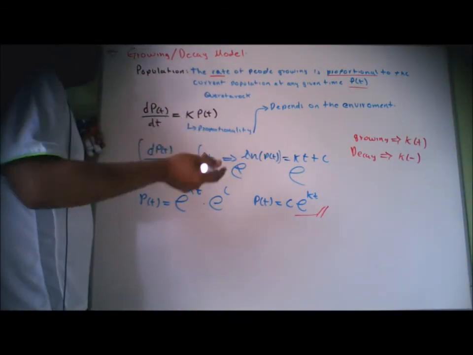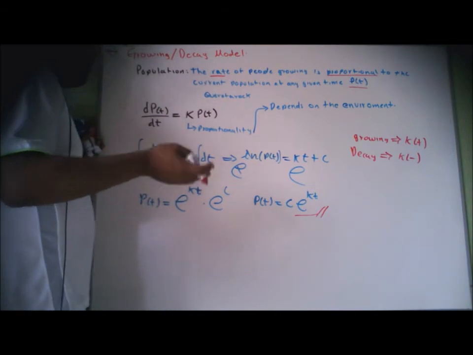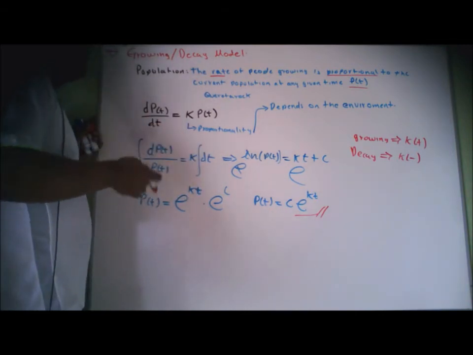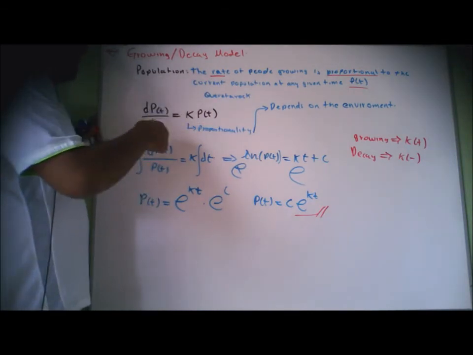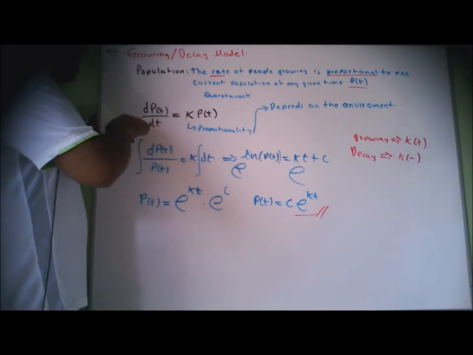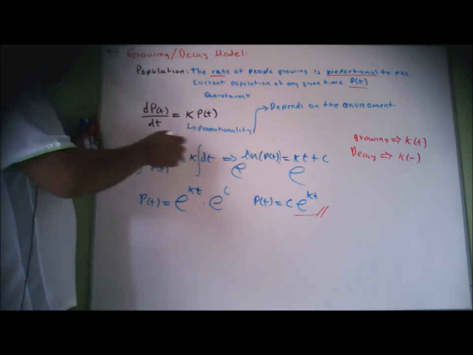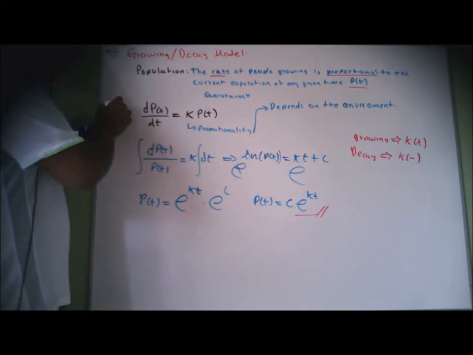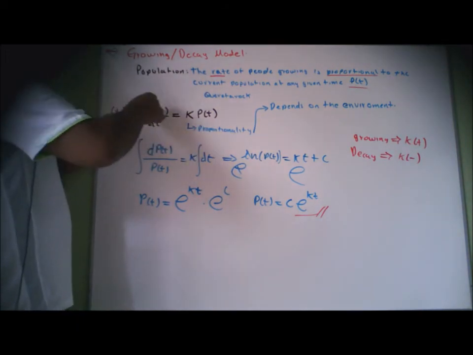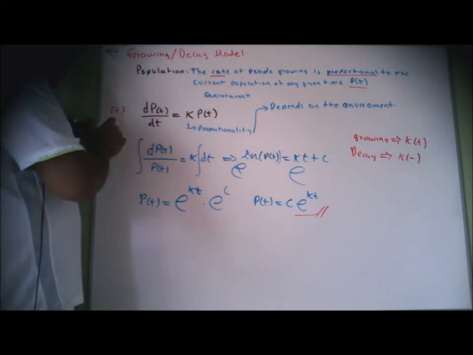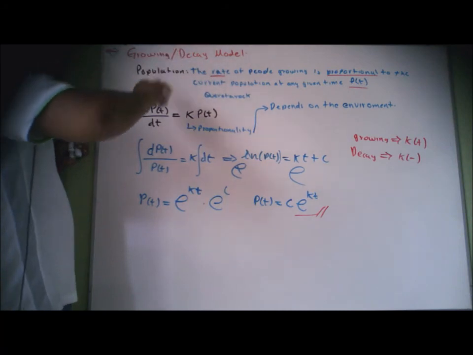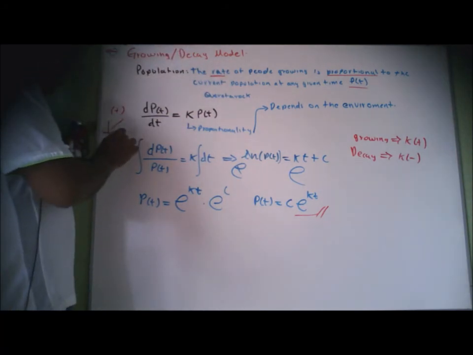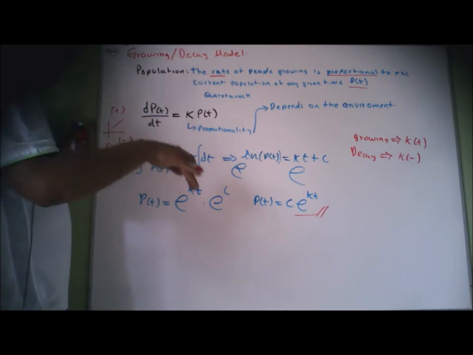The population is not negative; it should be only positive, because there is no minus 3 persons. But what gives the sign of the derivative is the proportionality constant. If k is positive, then the derivative is positive, the slope is positive, and it is growing. If it is negative, that means the slope is negative, so it is decaying.